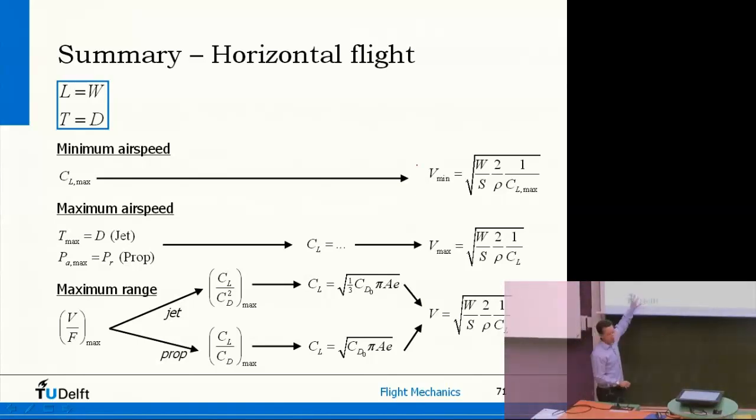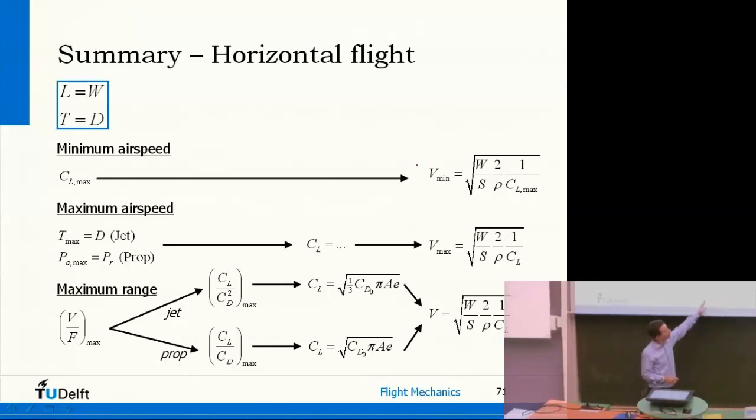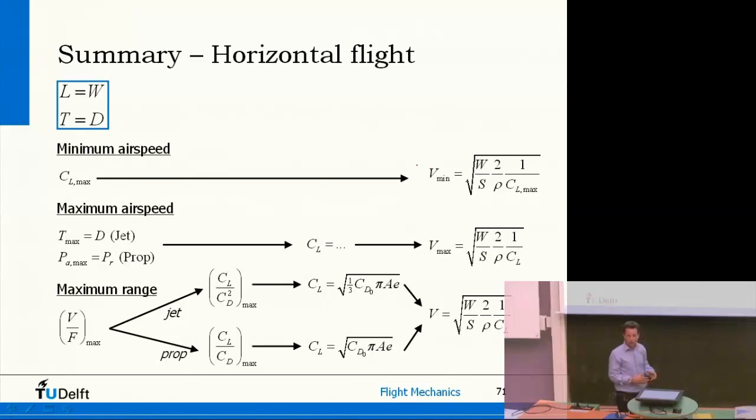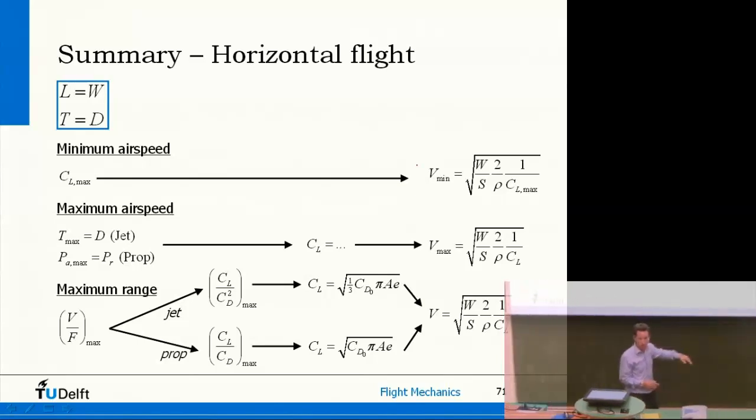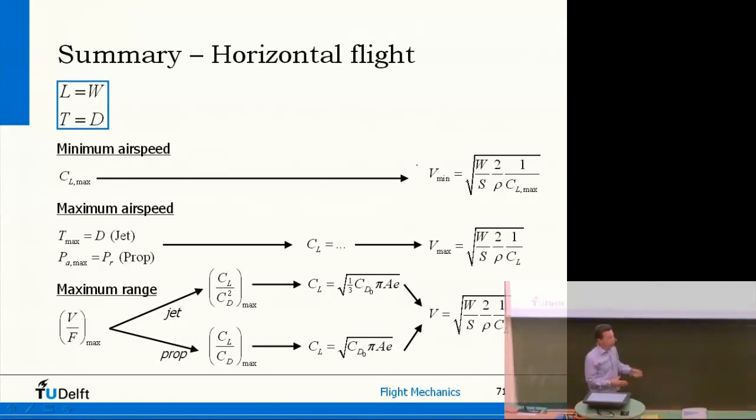Once you've stated what you try to optimize, then you calculate a lift over drag ratio. If you know lift over drag ratio, then you can calculate CL with these derivations. And if you have CL, you find airspeed. So for each problem, it's more or less the same. You have to specify what am I trying to optimize, then you find CL, and you find the airspeed.